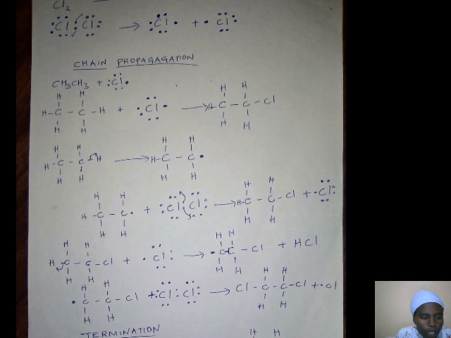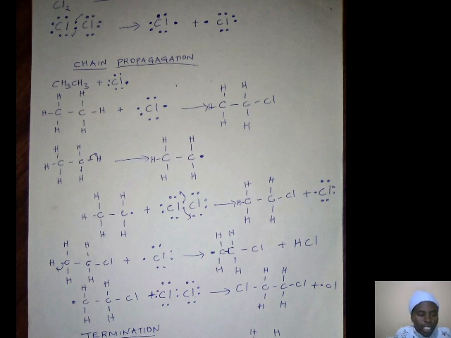Later on, you can also regenerate another radical from the chloroethane that you formed. Another hydrogen can move away from the chloroethane, forming a radical again, a chloroethane radical plus hydrogen chloride.